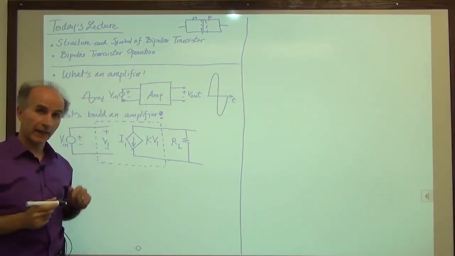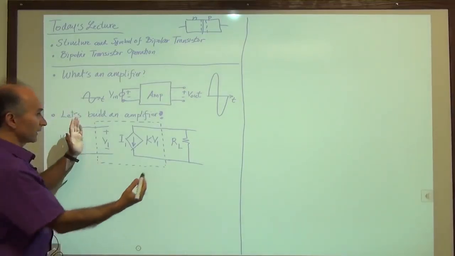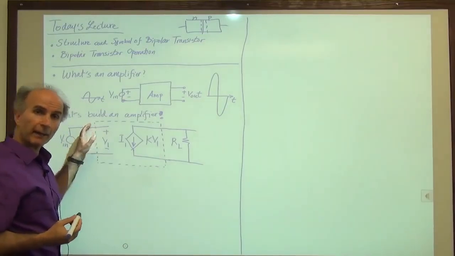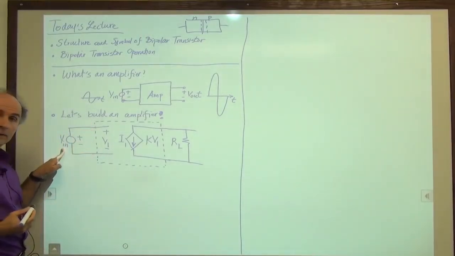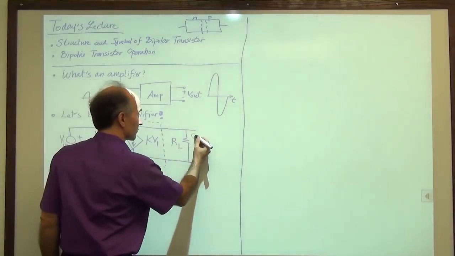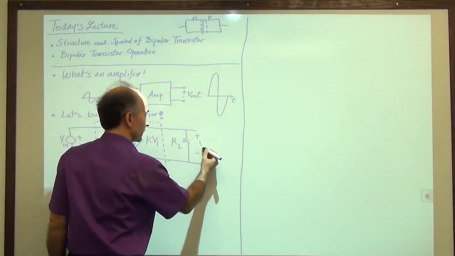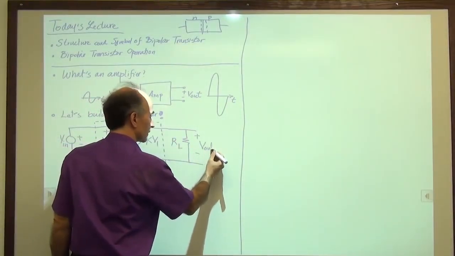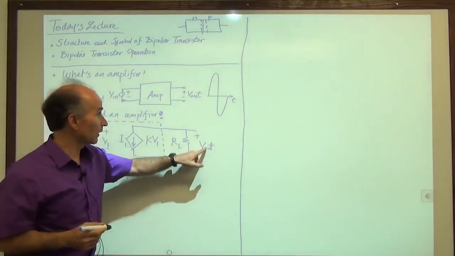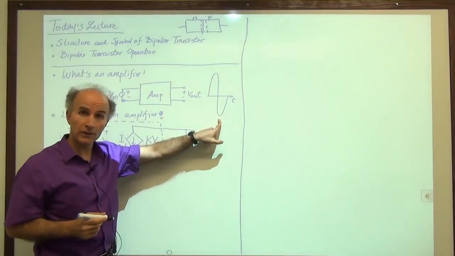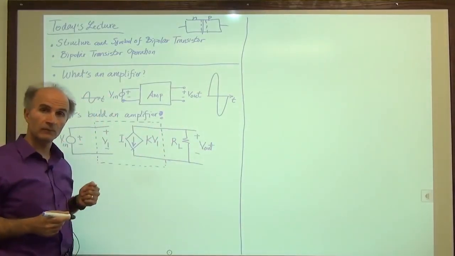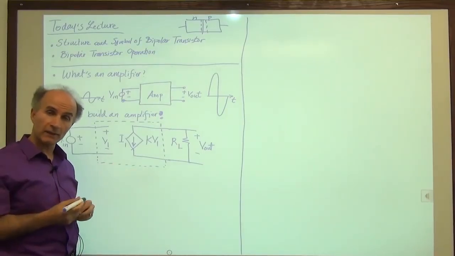That's it. And I claim that this circuit here, from here to here, can serve as an amplifier and amplify this signal and produce it here. So the voltage across this resistor will be our output signal, and we are hoping that V out will have larger excursions, larger swings than the input. So let's go ahead and check and see if that's true.